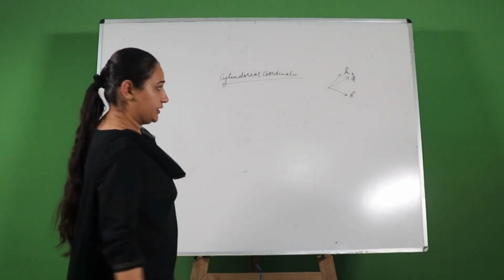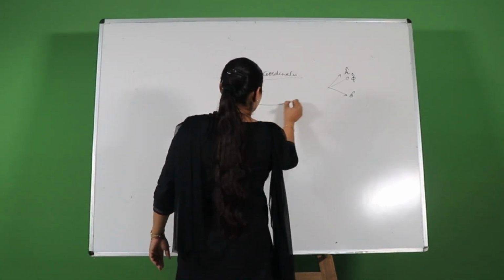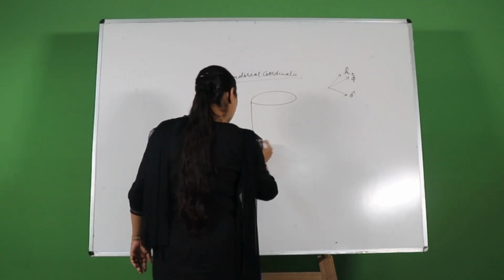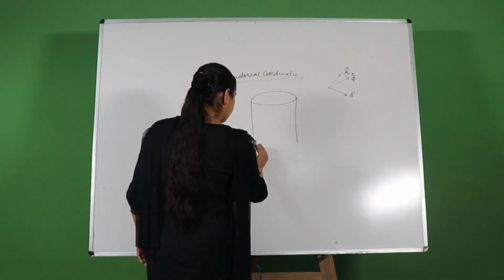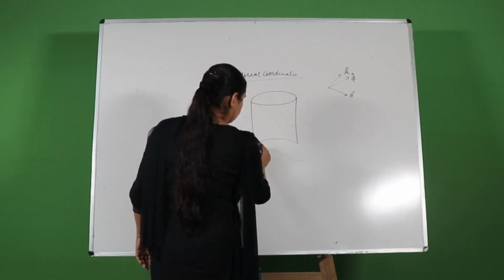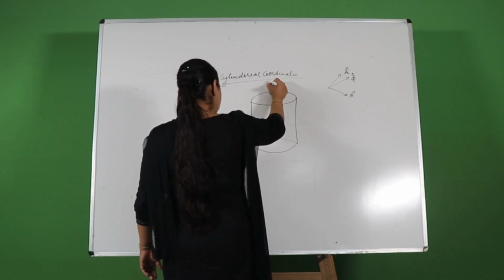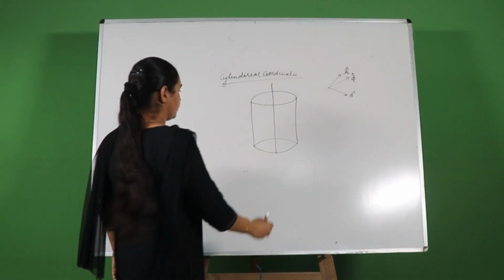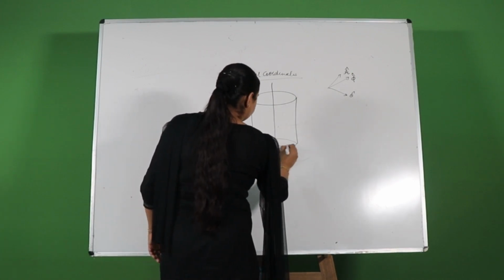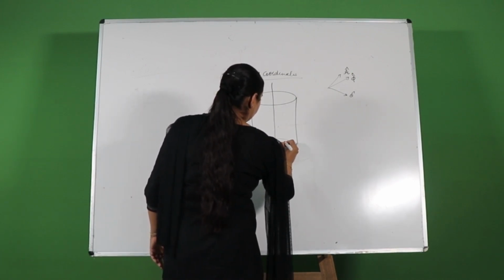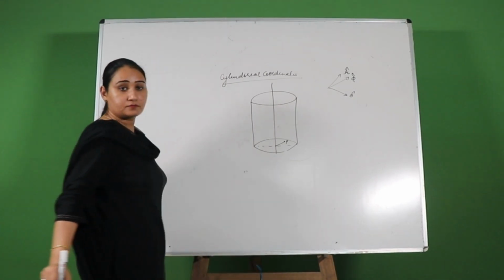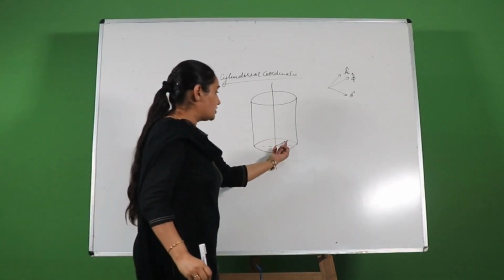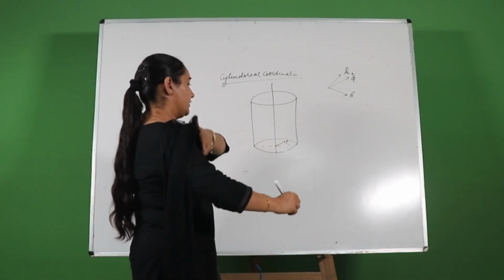In cylindrical coordinates, let us suppose we have a cylinder of this type. This is my axis of symmetry. Now from here I have a point P, that is a position vector from the origin to a point.